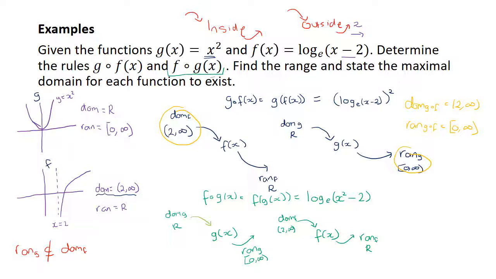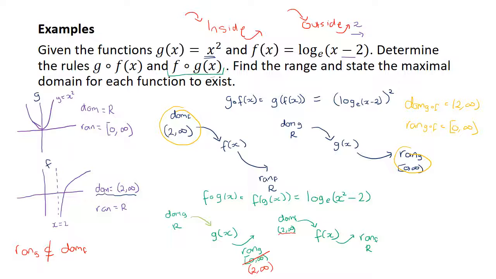It does not exist. So how we're going to make it exist means that we're going to need to restrict this domain. I'm only allowed to put in values from 2 to infinity into f of x. That means I need to change this range, so it's only going to go from 2 to infinity, because that's the only allowable values that I can actually substitute in.